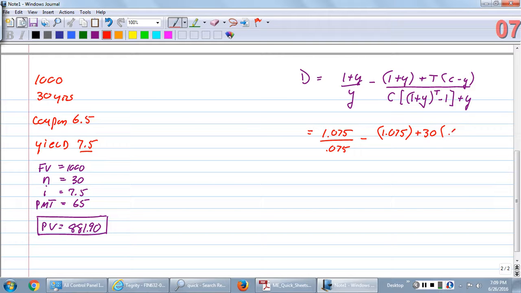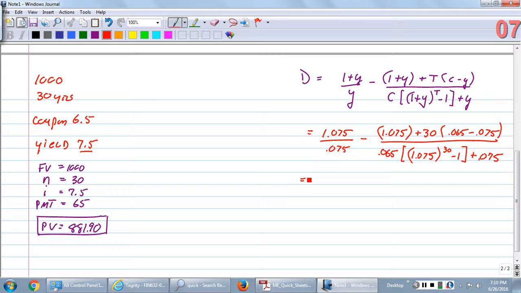Coupon rate 6.5, minus the yield, which is 7.5. Coupon rate 6.5 again, so 0.065. 1 plus the yield is 1.075, raised to the 30th power, minus 1, plus 0.075.